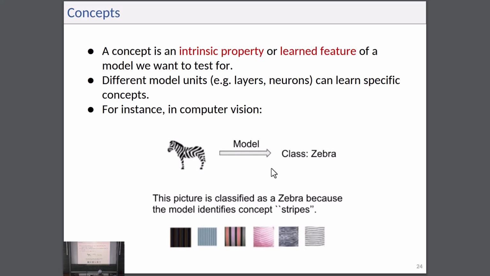And of course, concepts can be at all sorts of levels. There are concepts that are identified by certain layers, and we know from computer vision that the level of abstraction of concepts keeps increasing as we go through the layers from the input toward the output. So there are entire layers, but also single groups of neurons or even single neurons that can learn specific concepts.